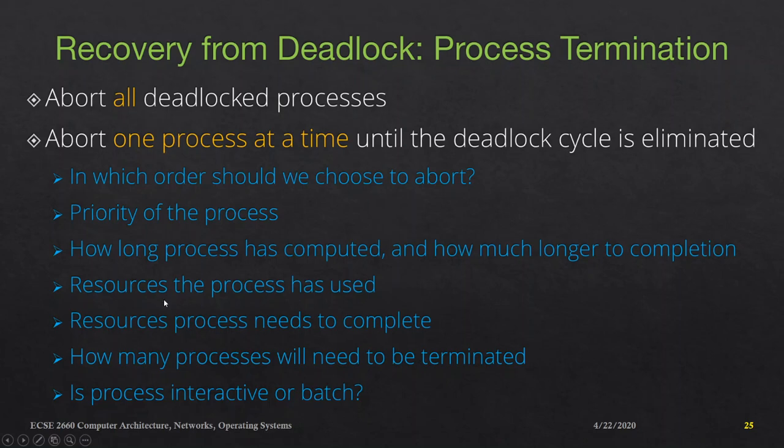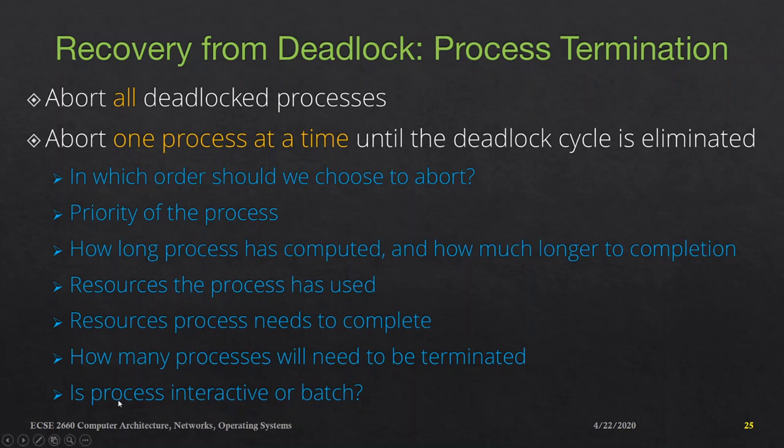How about the resources the process is using? Should we terminate the process that is using only one resource or 10 resources? Depending on the resources the process needs to complete, should we terminate the process that requires more resources versus fewer requests in the future? How many processes will need to be terminated? Because of terminating one process, does it have an effect on other processes that will need to be terminated as well?